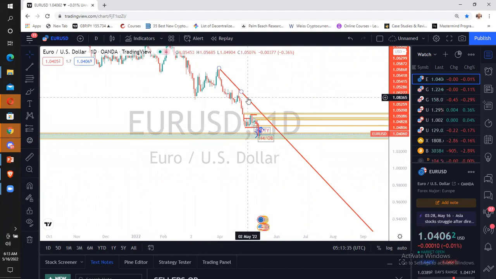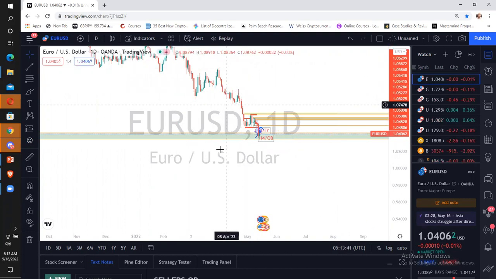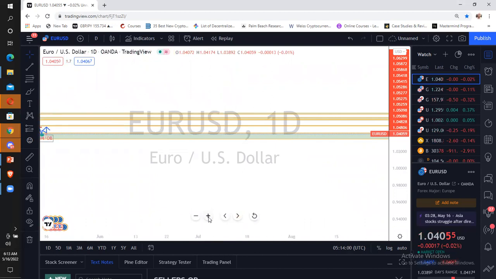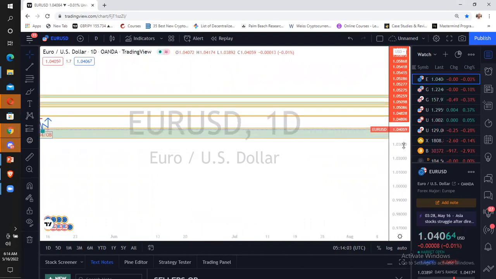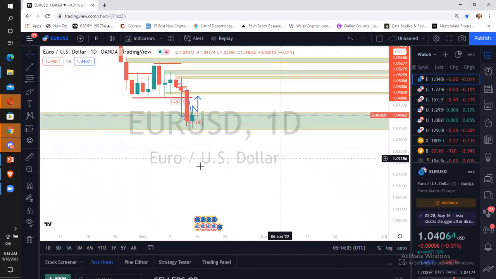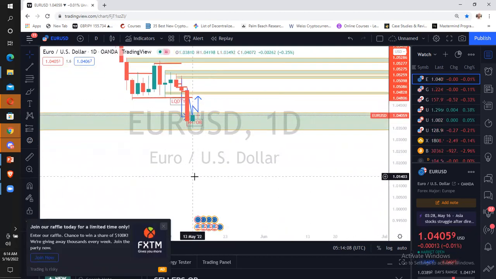So this daily, I'm taking this out. So I'm zooming in. Okay, this is the spot where we're actually expecting them to do a kind of a reversal.